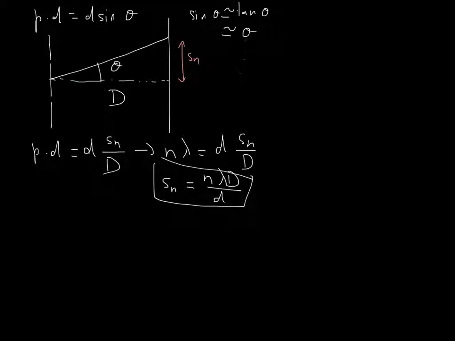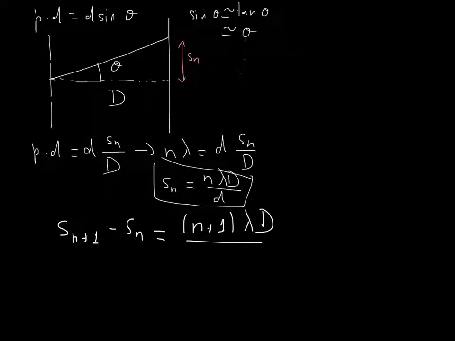Okay, so let's see. What we really want to know is Sn plus 1 minus Sn, which will be equal to (n plus 1) lambda D over small d minus n lambda D over small d. And this is just because instead of n, I write n plus 1, and for the other I just write n.